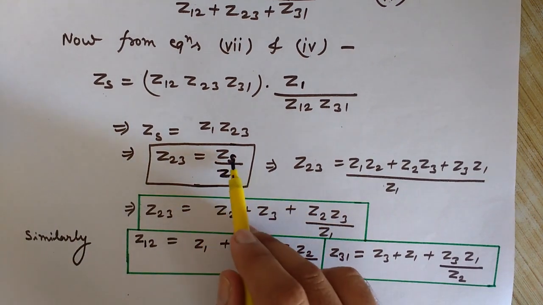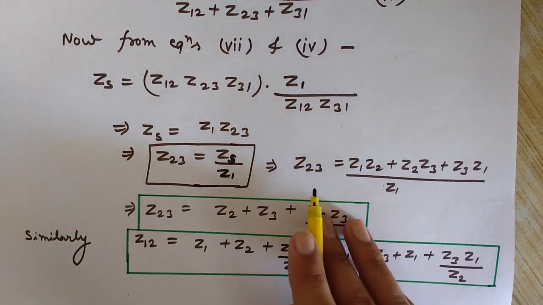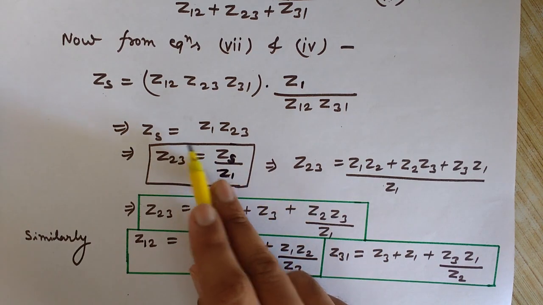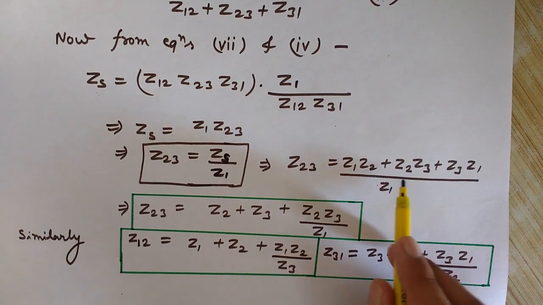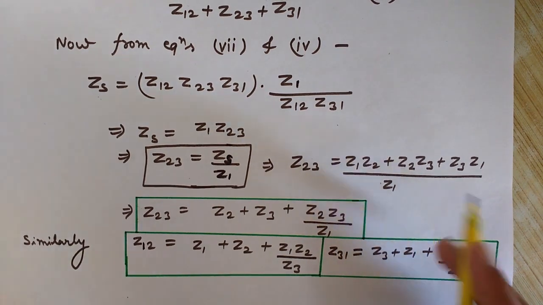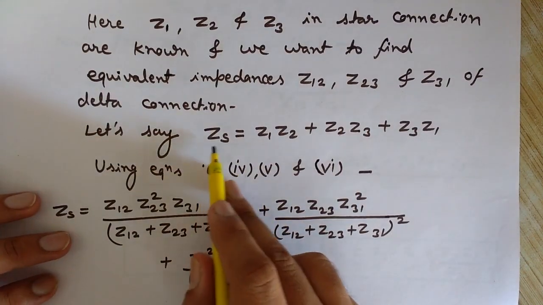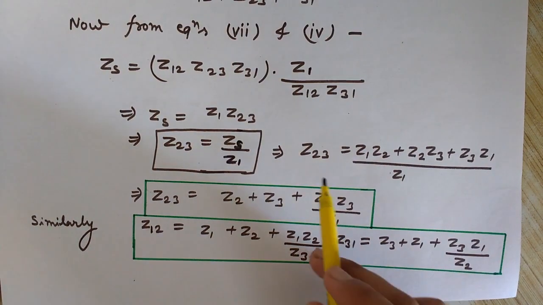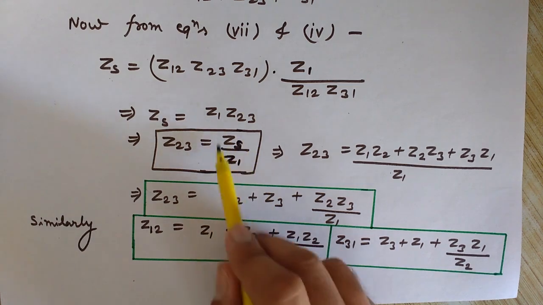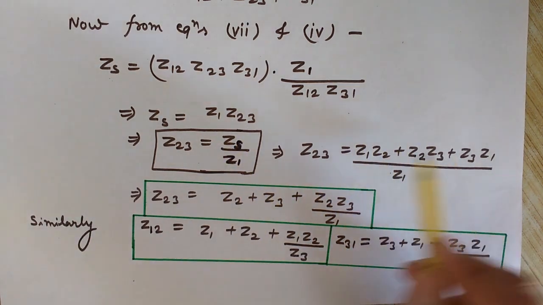So Zs is what? Zs, we initially assumed, was Z12 plus Z23 plus Z31. This was our Zs that we assumed. So now we know, replace the Zs by this one divided by Z1.